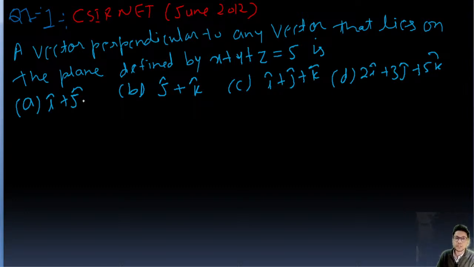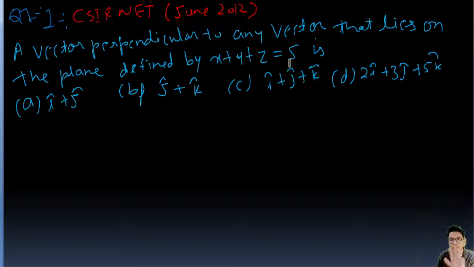The question is: a vector perpendicular to any vector that lies on the plane defined by this.